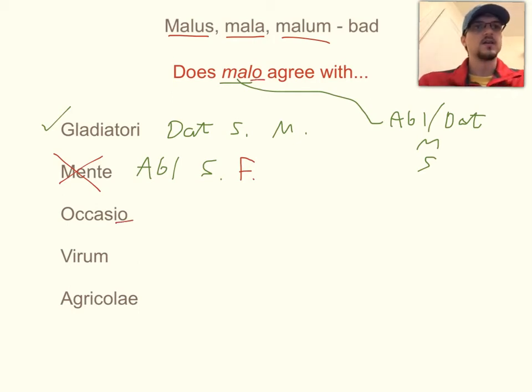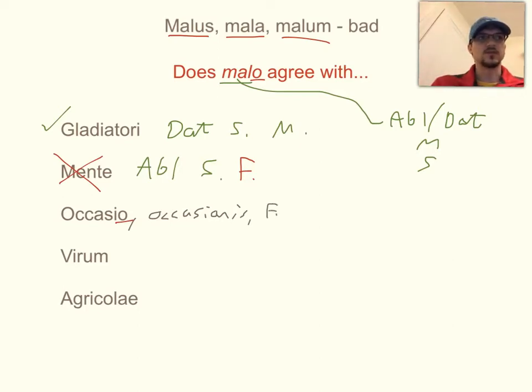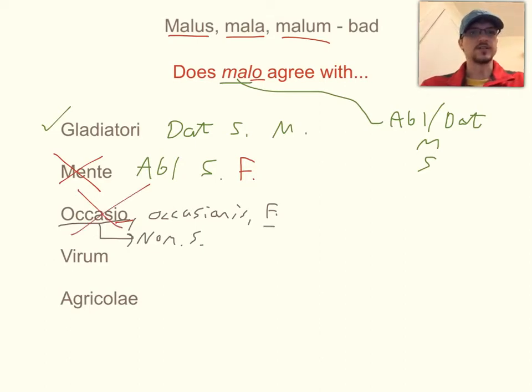It's the O ending, but we know from our vocabulary that occasio is actually from occasionis. That's feminine. So we first of all know that this is nominative singular, and it's feminine, so it does not agree at all, even though it has the same ending. We have to look out for that.